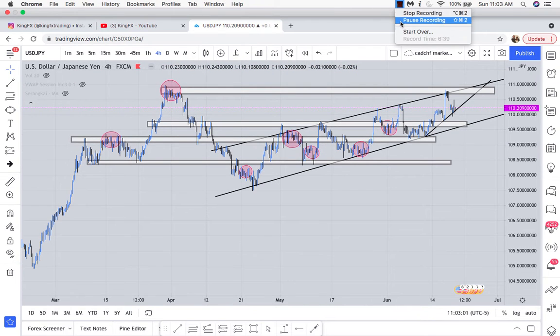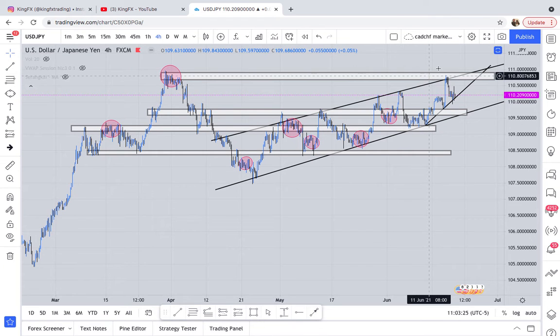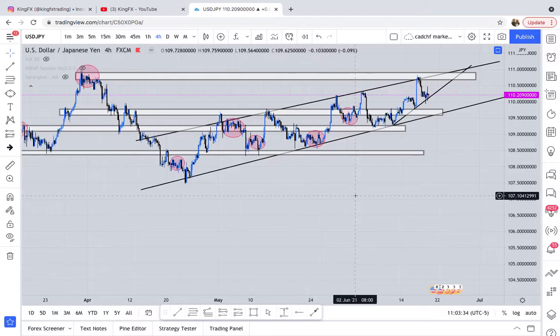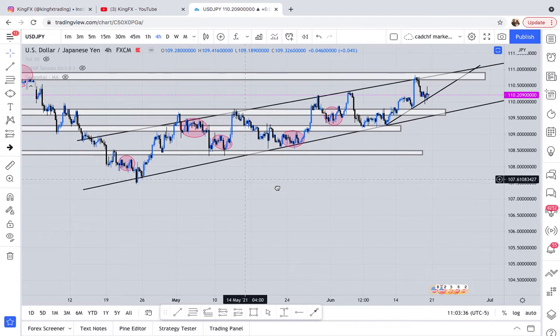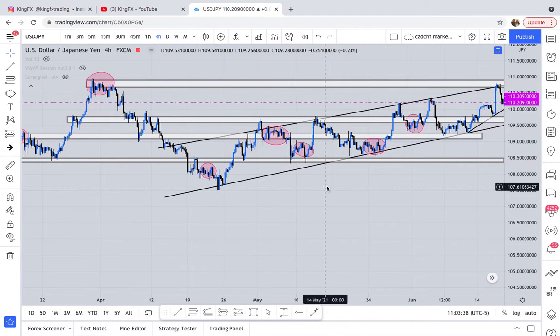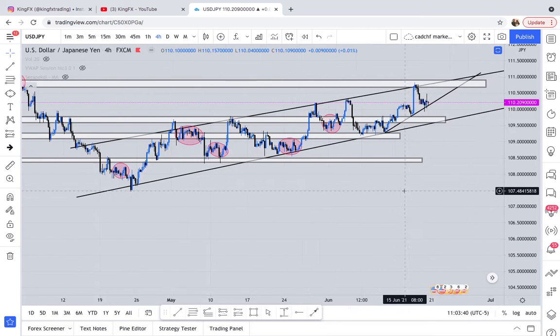Alrighty. So we've got all these consolidation zones that have formed over time. What we can look for off of these, these are all going to be indications.